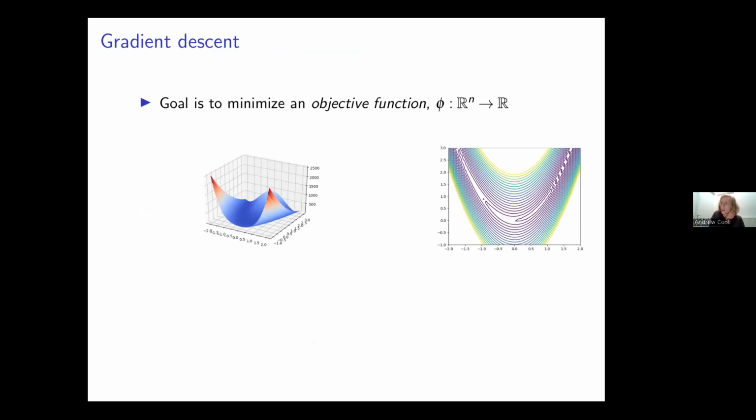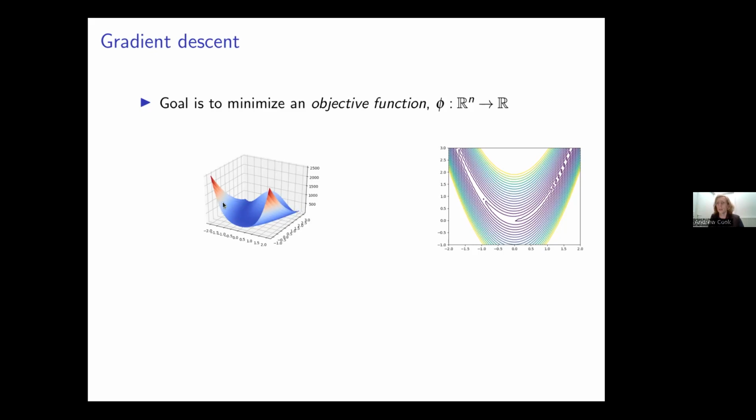Gradient descent is a numerical method, and basically you're trying to optimize this objective function from some high dimensional space to typically one variable. Here I've plotted an example of a two-dimensional input space with a one-dimensional output, and we've got this locus of minima along this V shape.